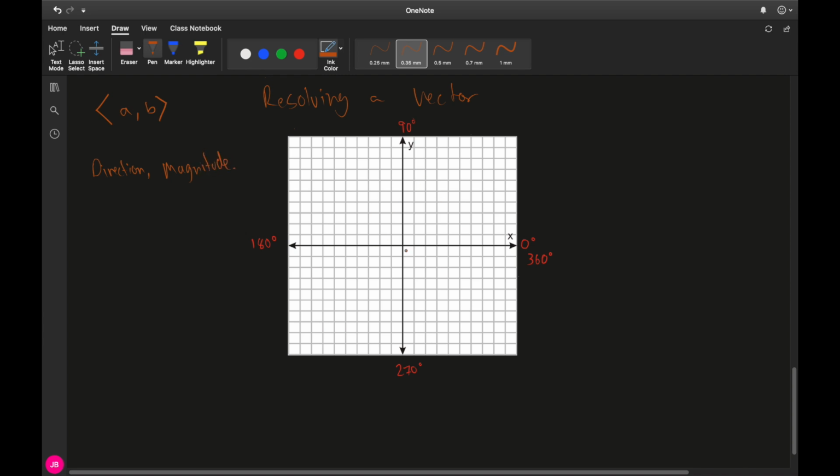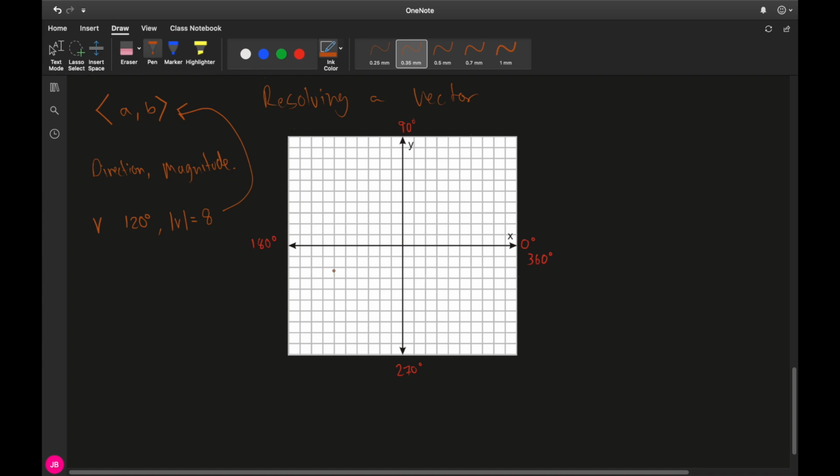So I could tell you something like there's a vector v in the directional angle of 120 degrees with a magnitude equal to 8. And so because of this, we're actually going to need to find out, okay, well, what is my component form? Because I can't really plot 120 degrees here with a magnitude of 8.